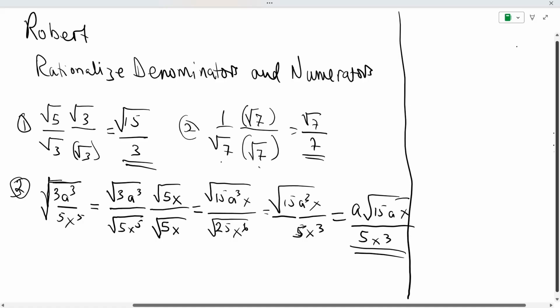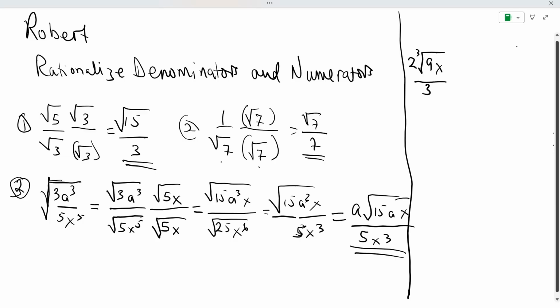So let's look straight at something like this: 2 cube root of 9x, divided by 3. So we need to find a value which, when multiplied by 9x, we can find the cube root of it.